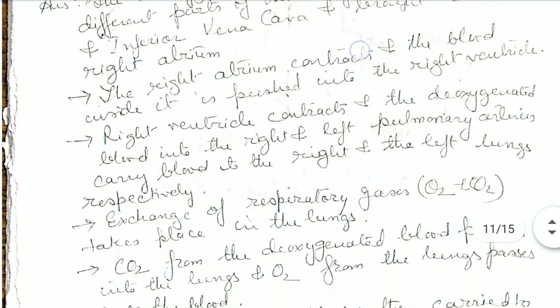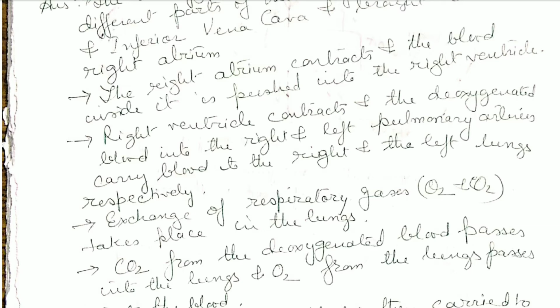Then the right ventricle contracts and the deoxygenated blood is pushed from the right ventricle to the right and the left pulmonary arteries through the pulmonary semilunar valve.